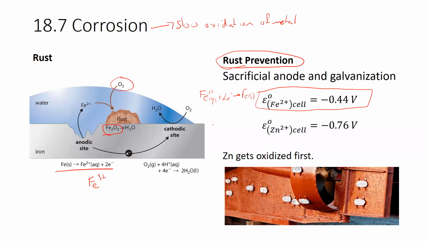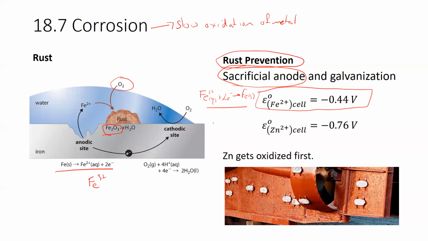That's the reduction potential we're looking at. Well, we can actually prevent this by using what's called a sacrificial anode. A sacrificial anode is basically you slap a piece of zinc onto a piece of iron.